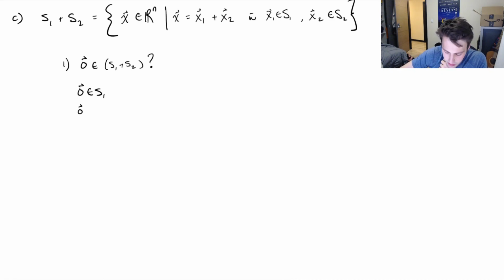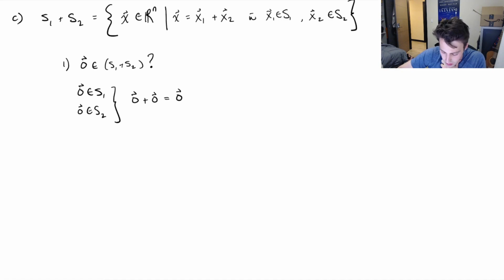And the 0 vector is in S2 since S2 is a subspace. We know that the 0 vector plus the 0 vector is just equal to the 0 vector, right?